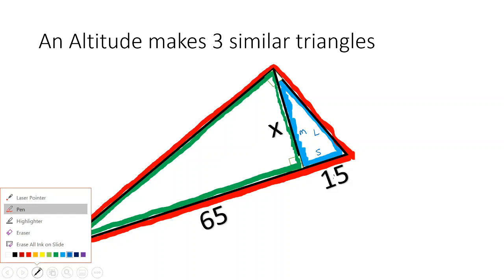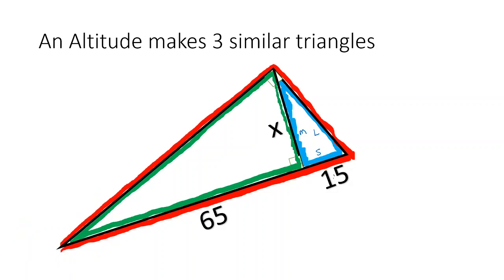I'm going to exaggerate this diagram and make really long right triangles so you can visualize what we're talking about. Here in the green triangle, we have the small leg, the medium leg, and the largest side being the hypotenuse.